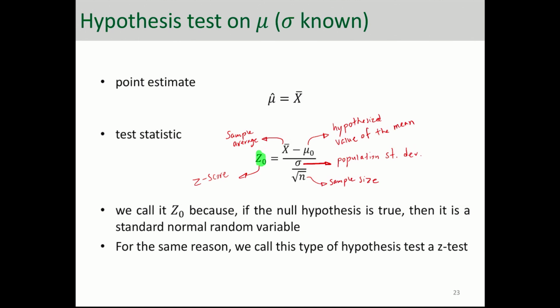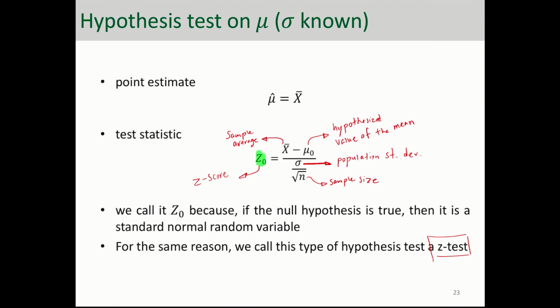So at that point that we have the test statistic, the next step is to somehow make a decision using this z-score. First of all, this specific test is called a z-test because the test statistic is a z-score. The reason is, if the null hypothesis is true, then this is a standard normal random variable.